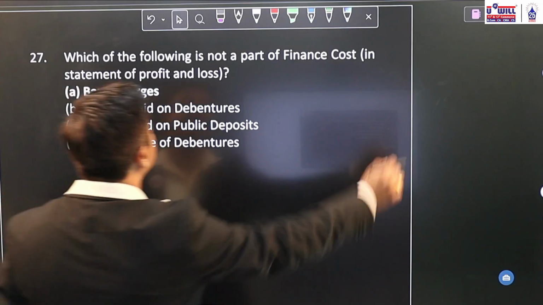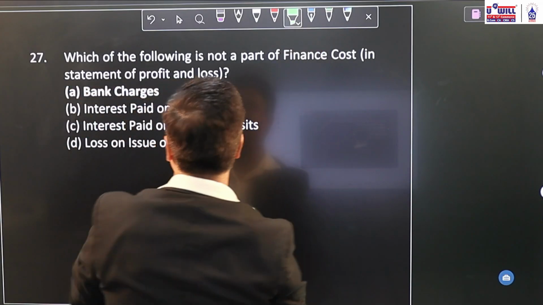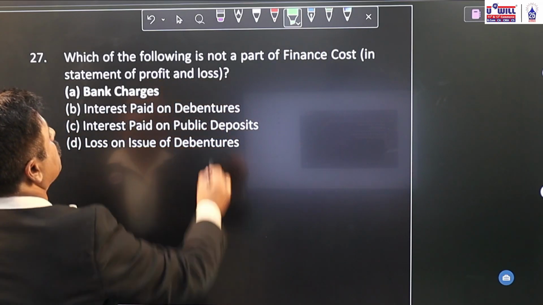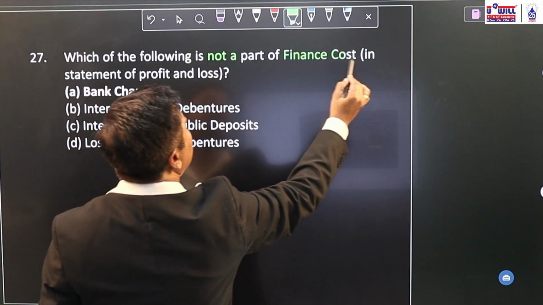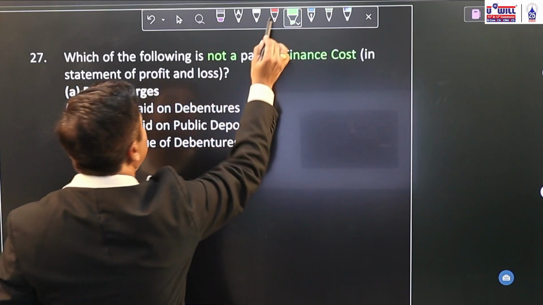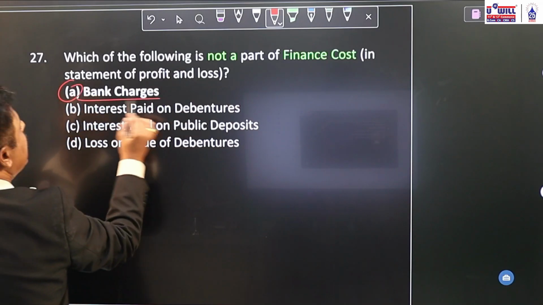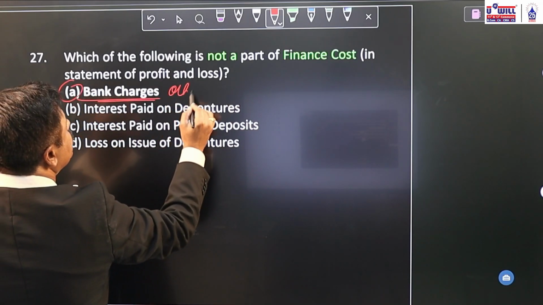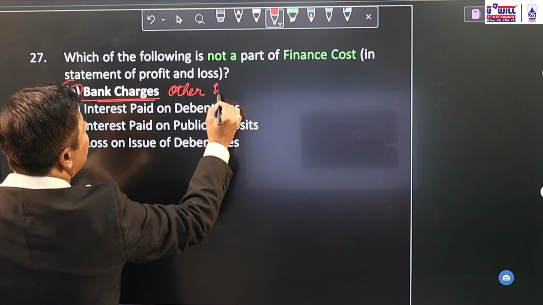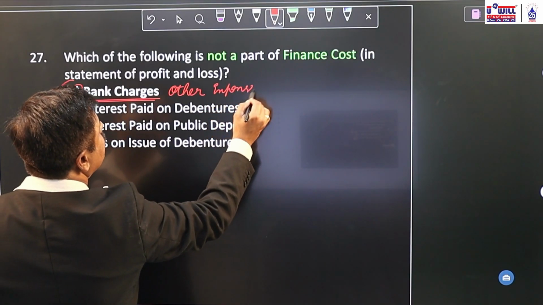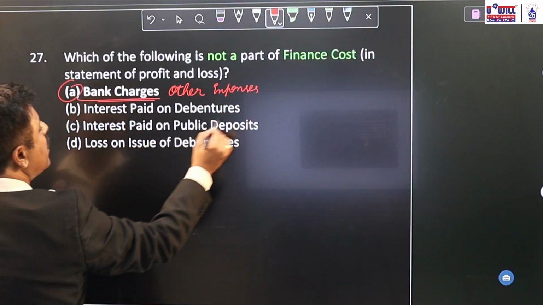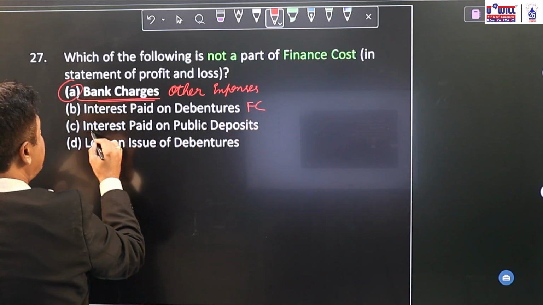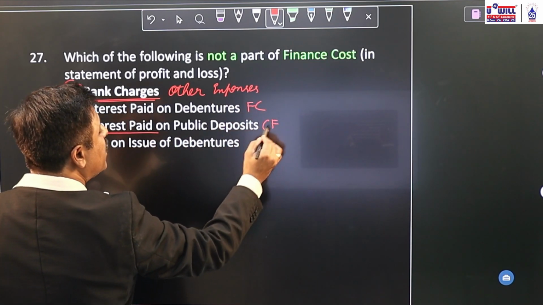27th question. Which of the following is not a part of finance cost in statement of P&L? Bank charges, we take it in other expenses. We don't include it in finance cost. Interest paid on debentures, we include in finance cost. Interest paid on public deposits, we include in finance cost.